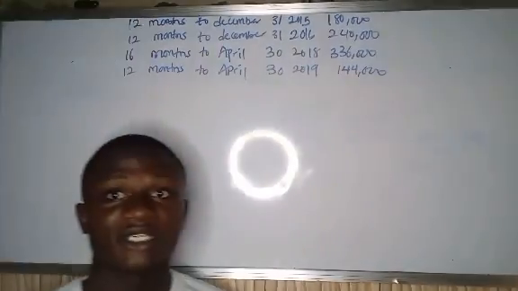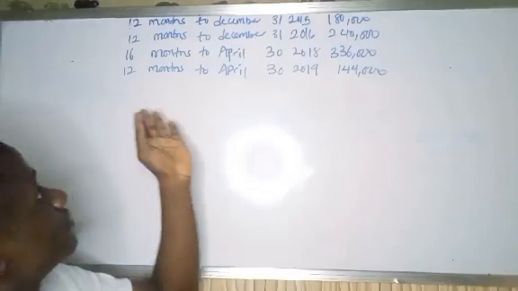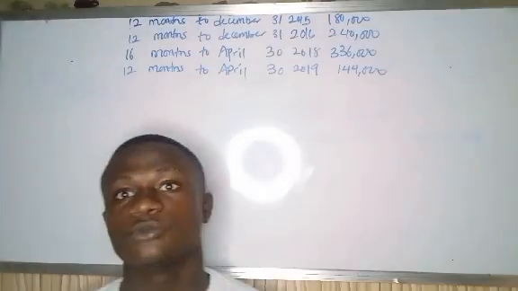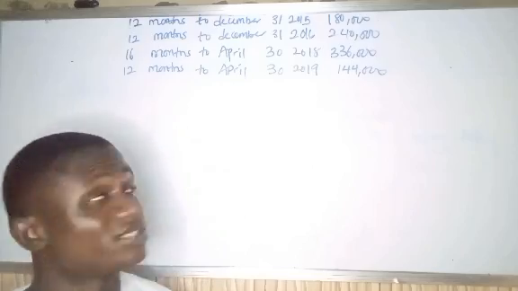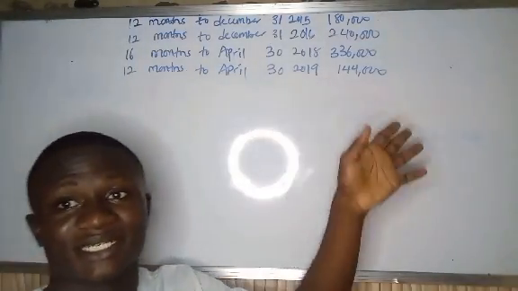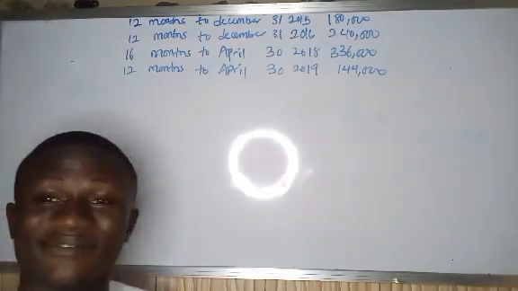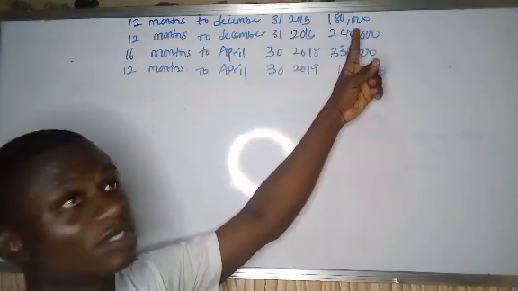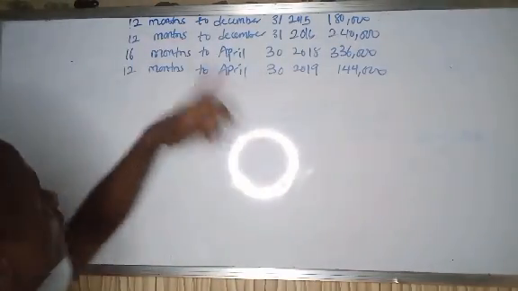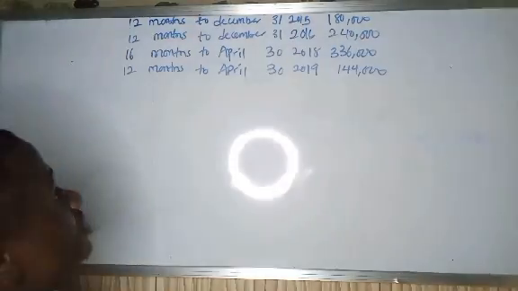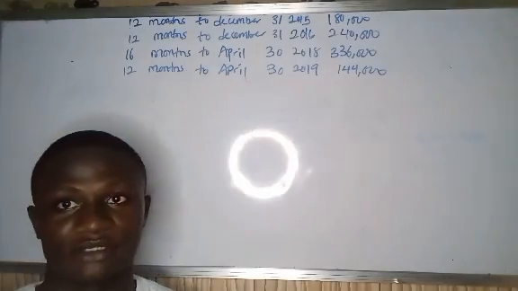So right on the board here we have a question. Now, Olowo Ilekomo, that's the name of the company, but I decided to omit that and write the important details. If you look at this company very well, they have been preparing their accounts to be 12 months every year. 12 months to December 31st, 2015, 180,000. 12 months to December 31st, 2016, 240,000. 16 months.